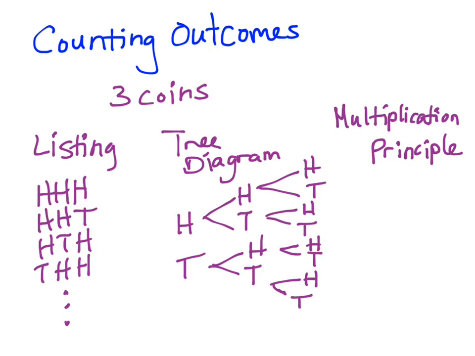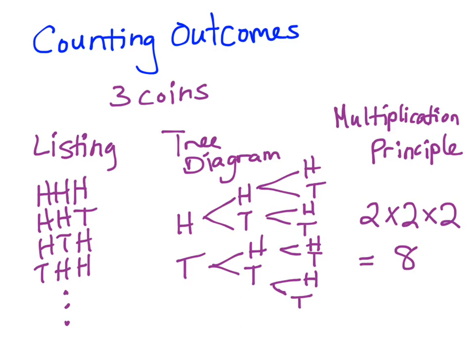Right, so we have 3 processes. So picking the first coin, there are 2 outcomes, heads or tails. Then for the second coin or the second process, 2 options, and the third coin also 2 options. So if you multiply those, the multiplication principle tells us that that's going to be the total number of outcomes for this experiment overall, the act of flipping all 3 coins.